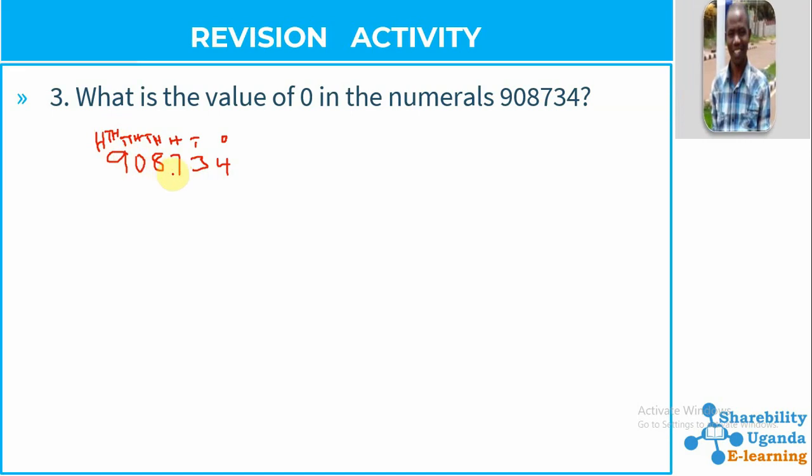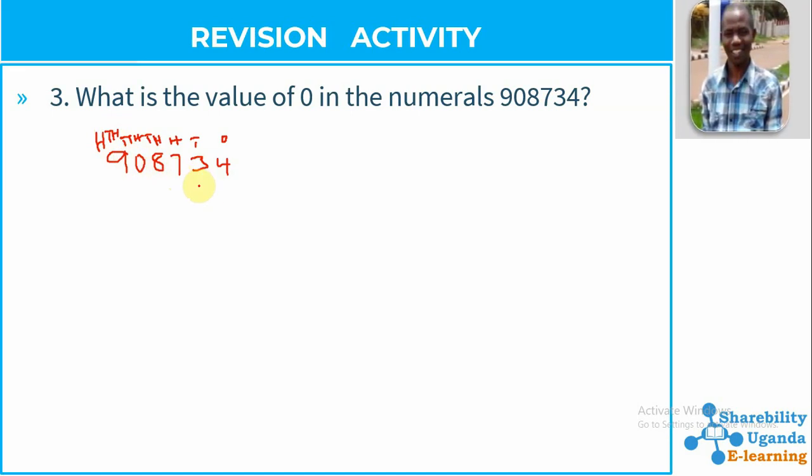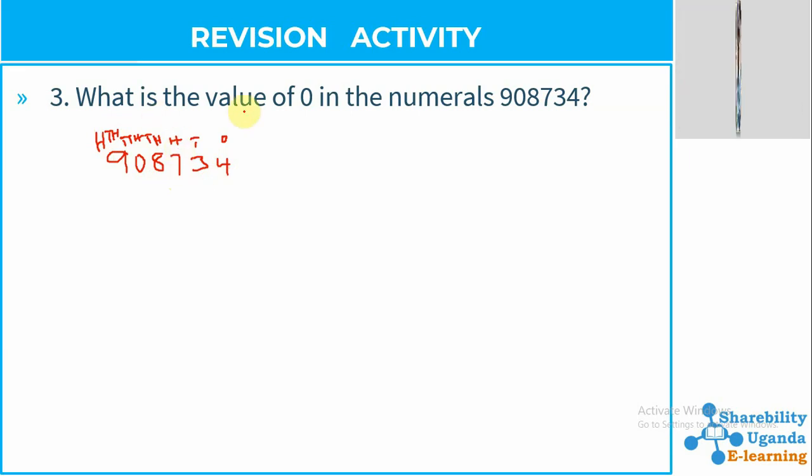So we can now start giving our values. They wanted us to find the value of 0 in the numeral.